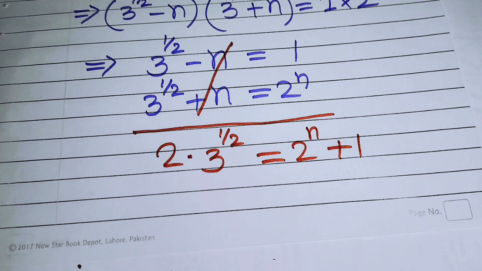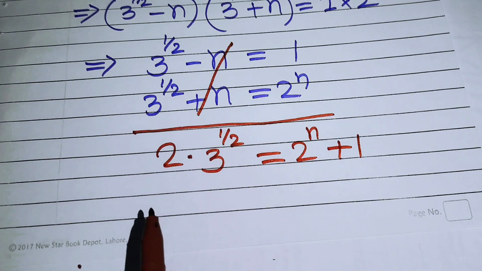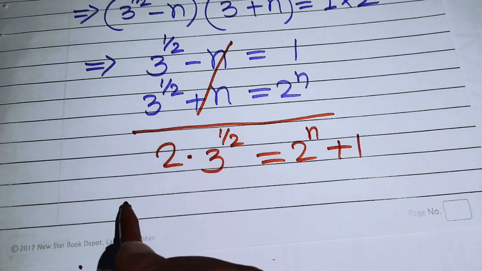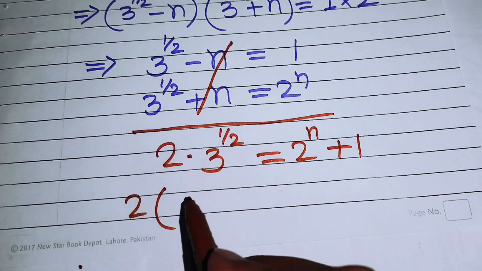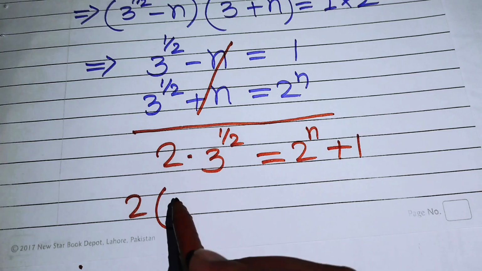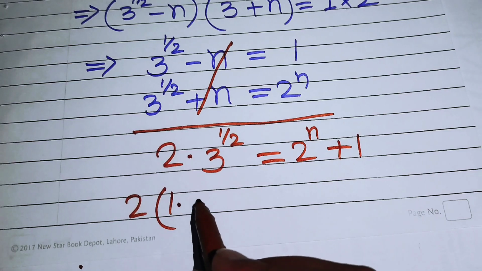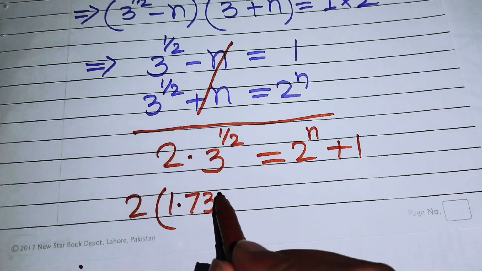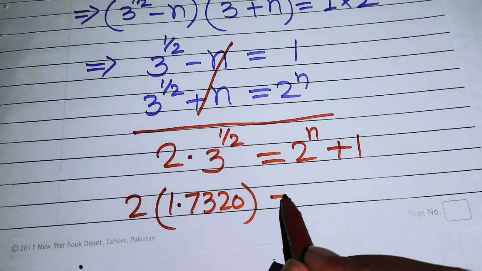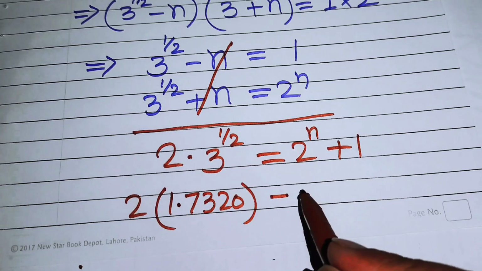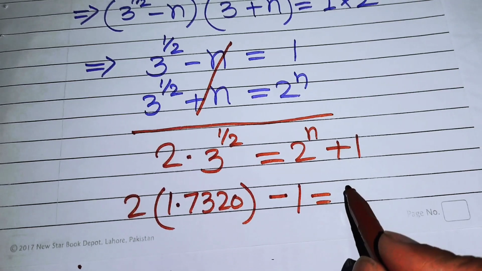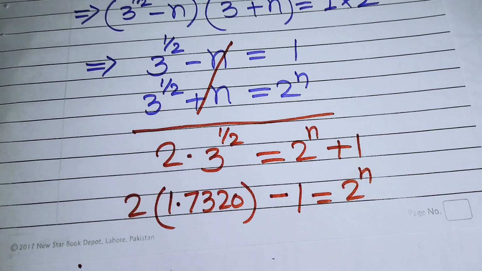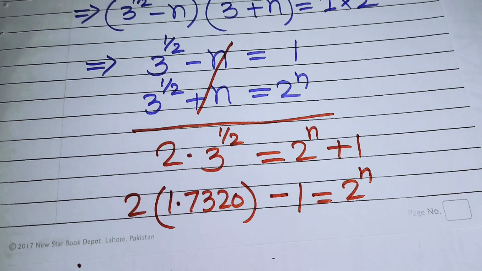So now we can just use the calculator in order to simplify this expression, and here we get 2 times 3 to the power of 1 over 2, and we know that the value of 3 to the power of 1 over 2 is 1.7320, and we move this plus 1 to the left hand side, it becomes minus 1, and its right hand side becomes only 2 to the power of n.